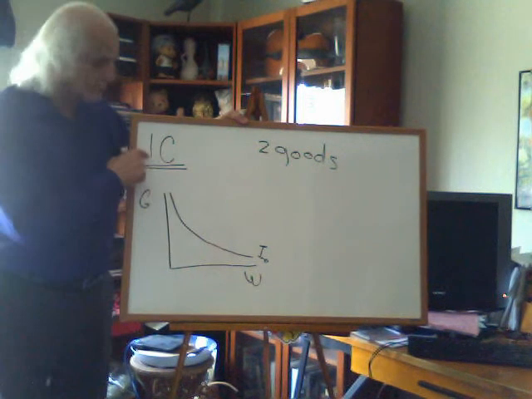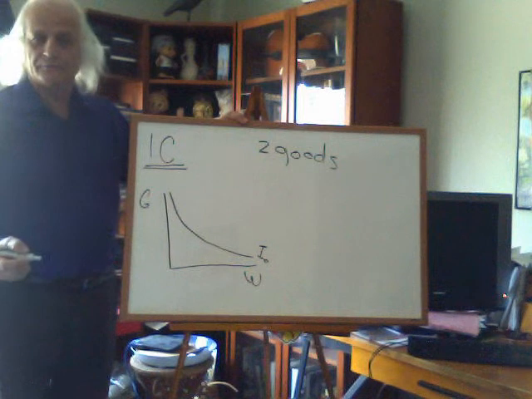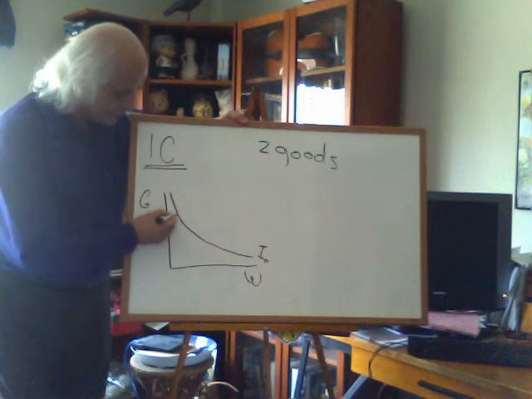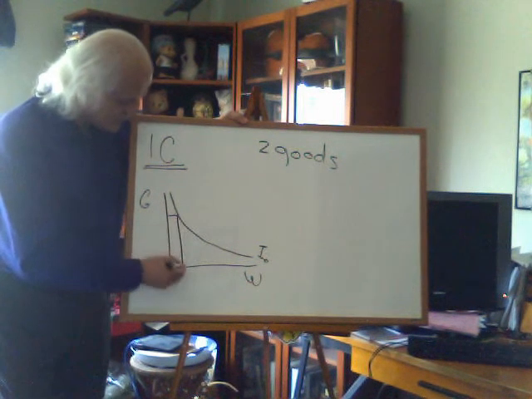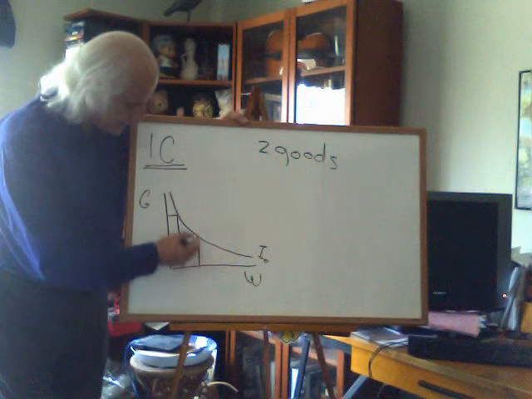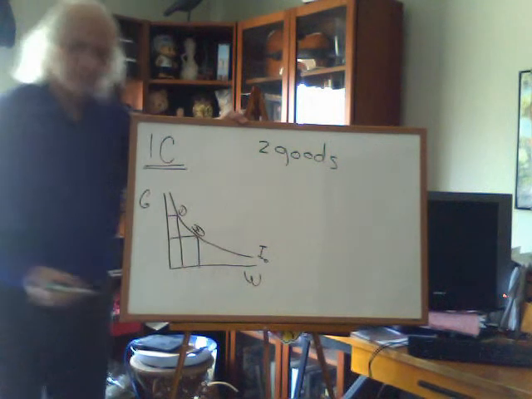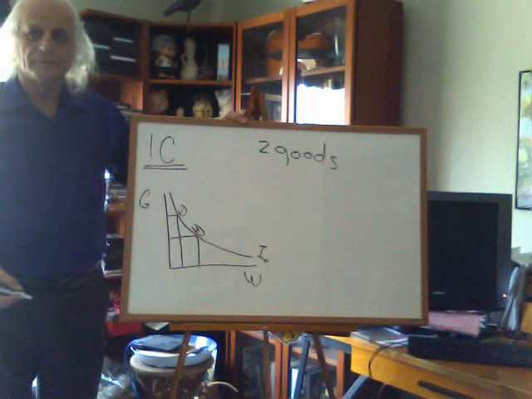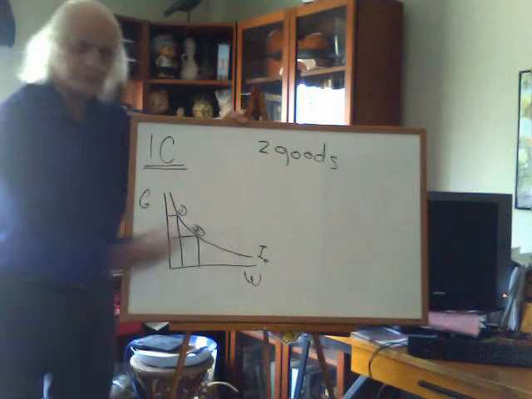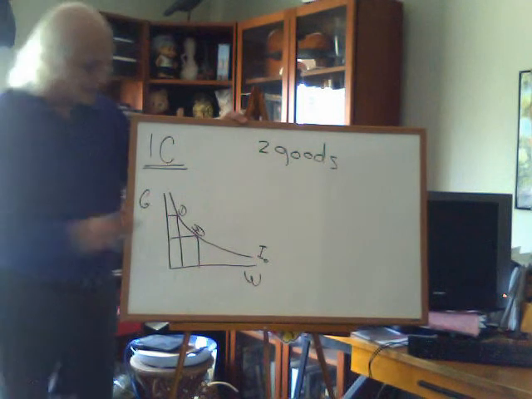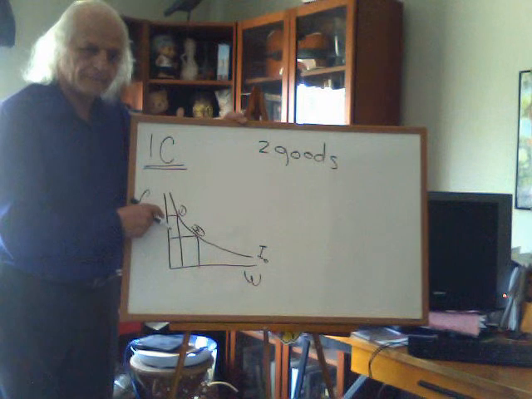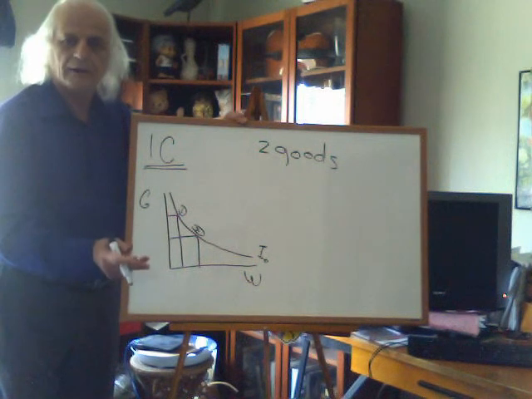And this is where the word indifference comes from. That's to say, if I give you a choice between 1 or 2, you will be indifferent. You say, hey, I don't care. If you give me 1 or 2, I'll take them. I'll take any of them.